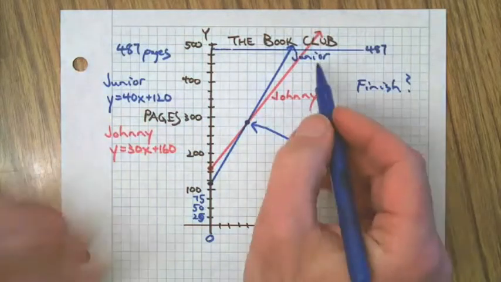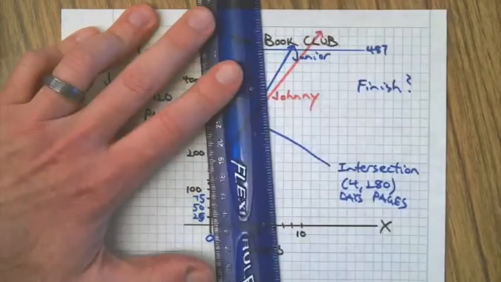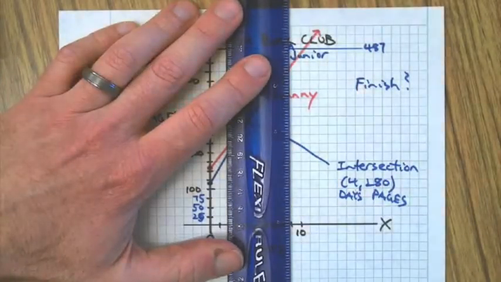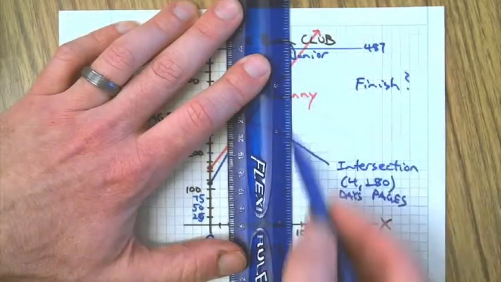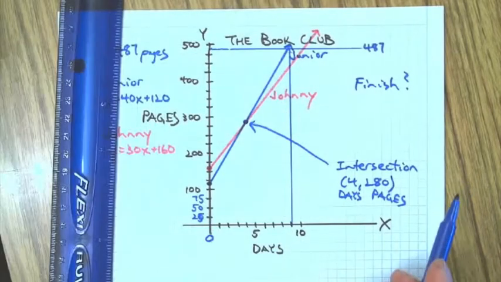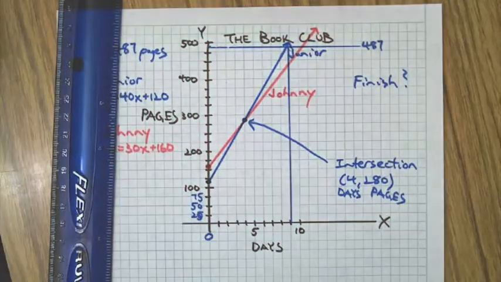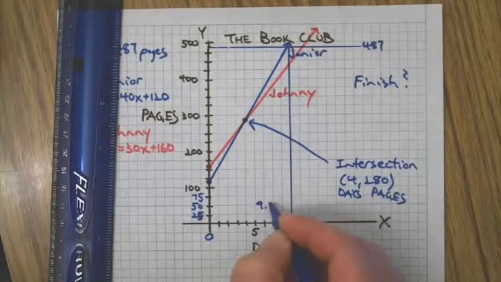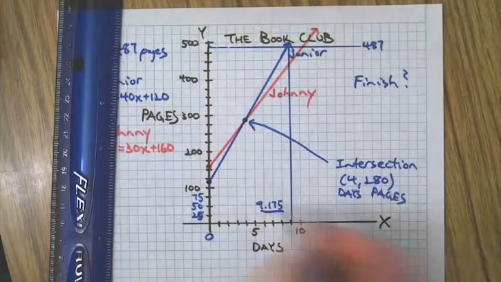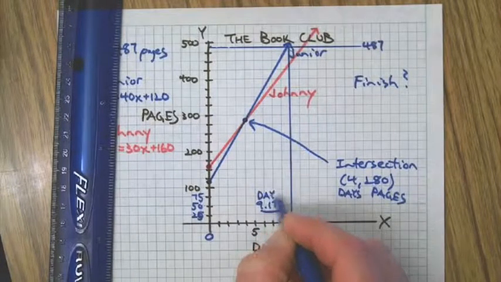So Junior is going to finish right about day 9, right? And if you think back to our algebraic solution to the problem, we came up with this answer. So our graph is really quite close to that for Junior.